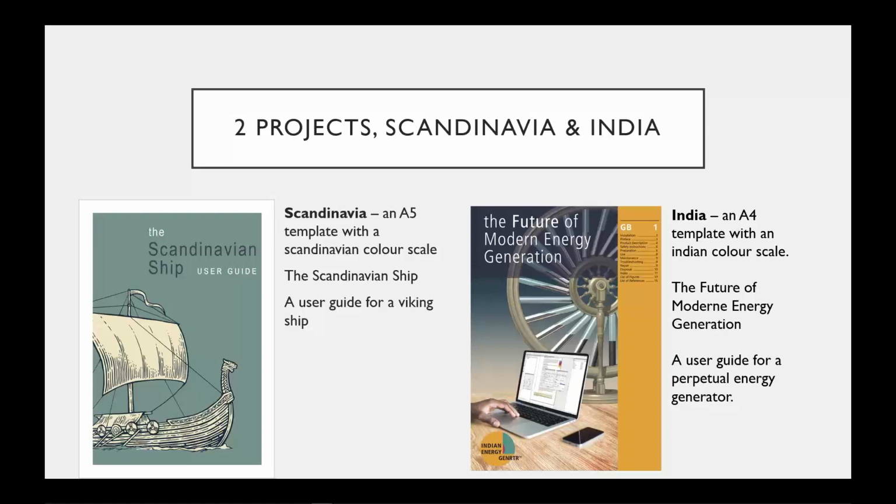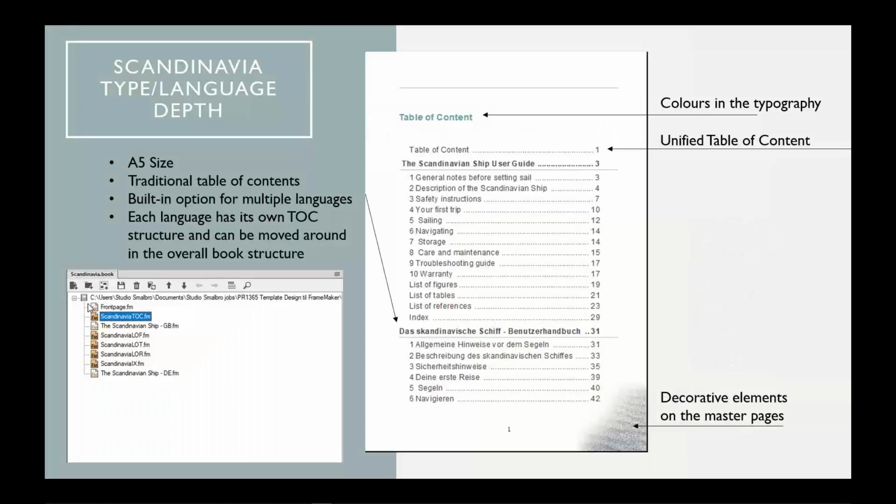And also I wanted something which was perhaps a little quirky. So I have written some spoof manuals, a user guide for a Scandinavian ship, a Viking ship, and a user guide for a perpetual energy generator, which is a nice thing to have, I can tell you that. So this is what they look like.